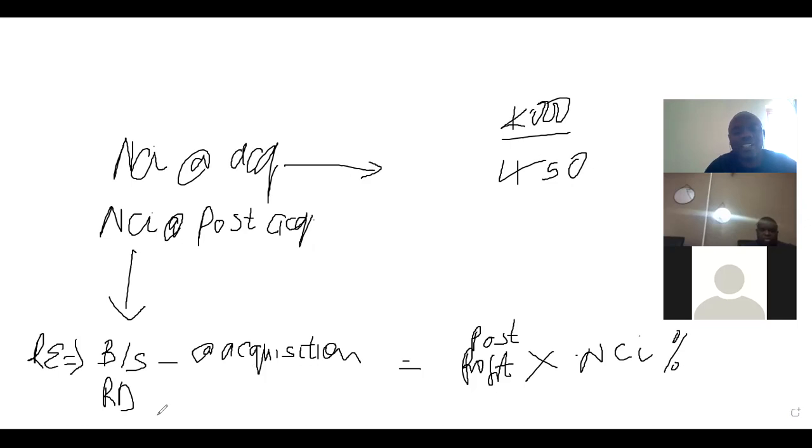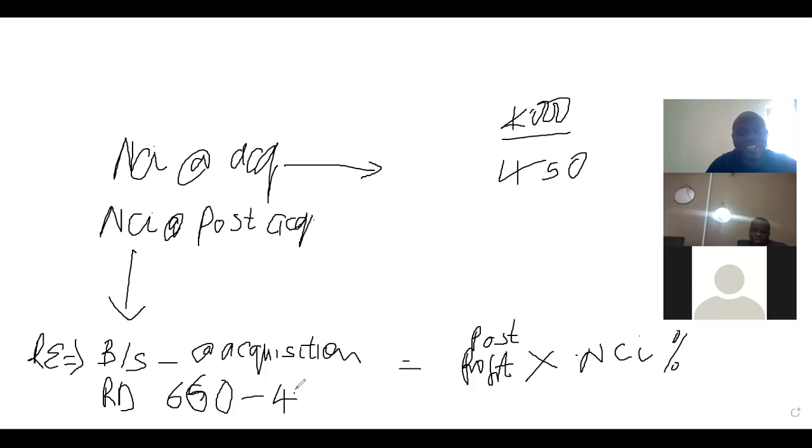So what was the retained earnings in the balance sheet at report date? 660. Minus at acquisition, what was the retained earnings? You have it in your goodwill computations. Retained earnings there's 480.